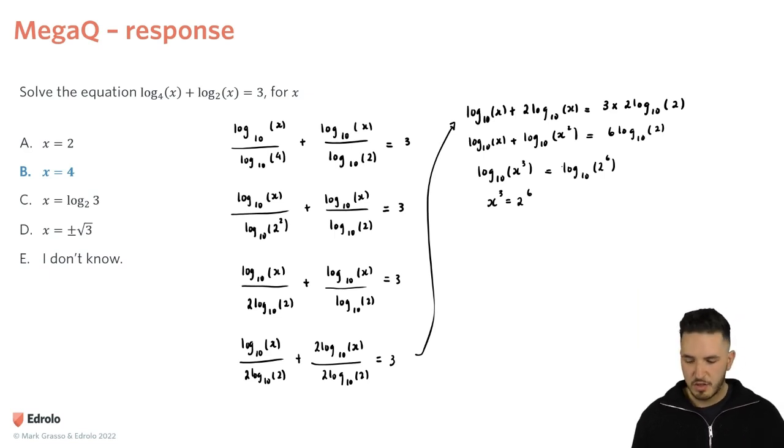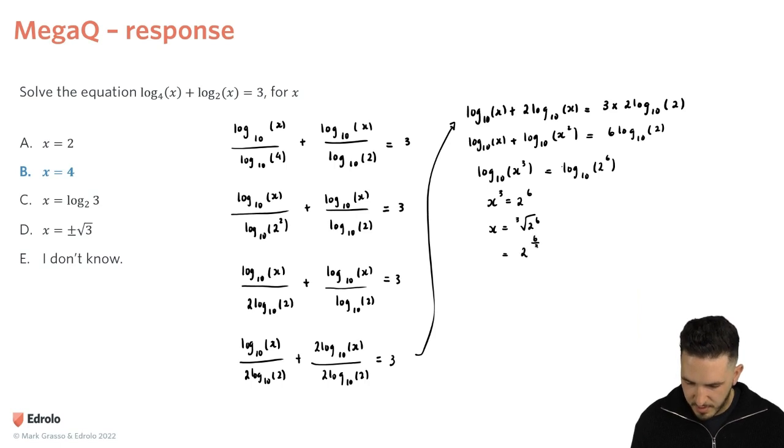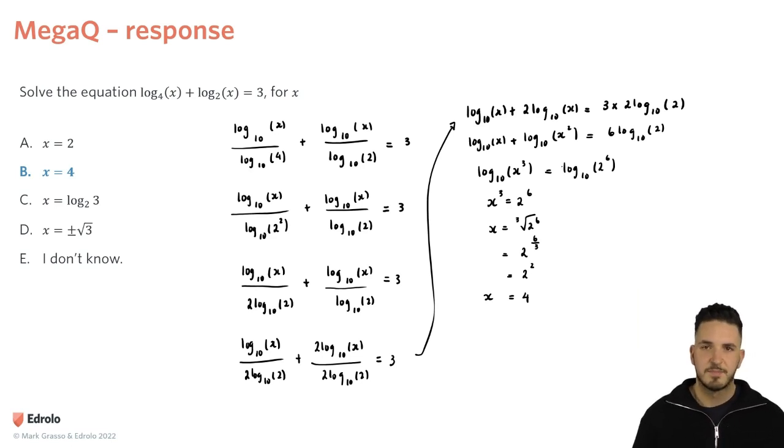Now we want to take the cube root of 2 to the power of 6. So x equals the cube root of 2 to the power of 6. That's equivalent to 2 to the power of 6 on 3, which is 6 divided by 3 gives you 2. So 2 squared, which is equal to 4. So x equals 4, and that's given in B.